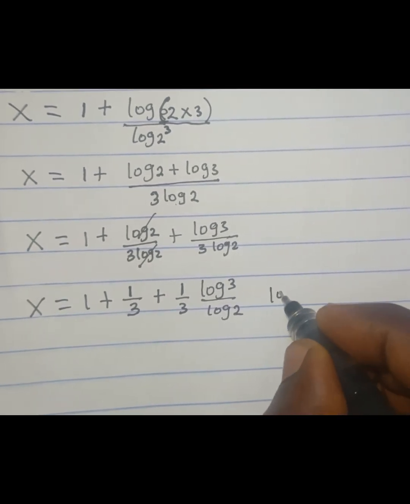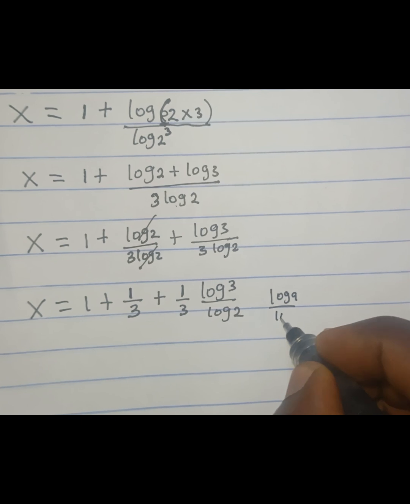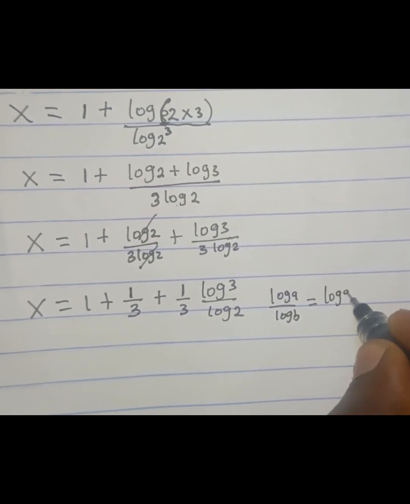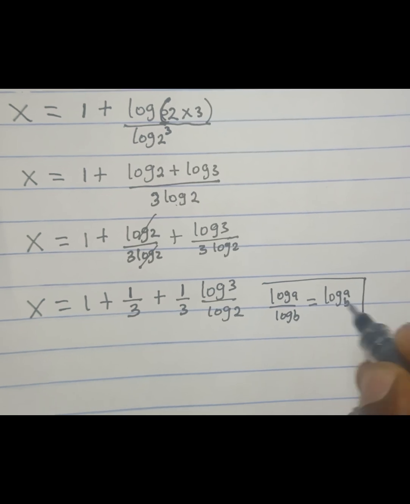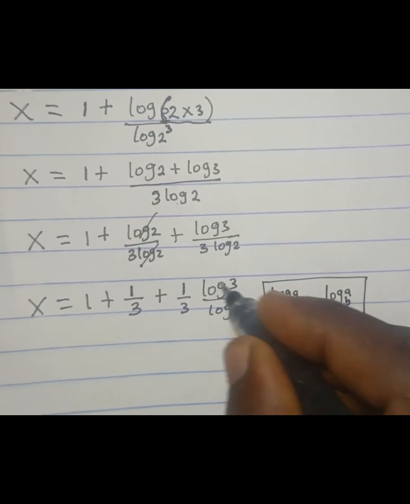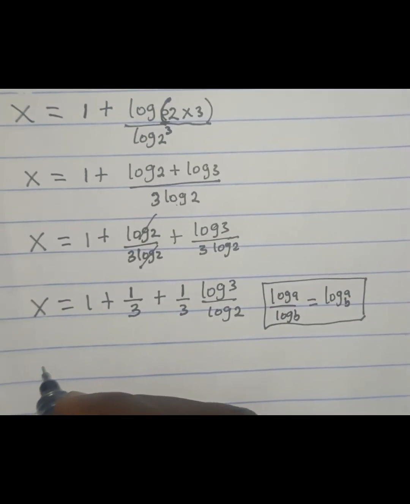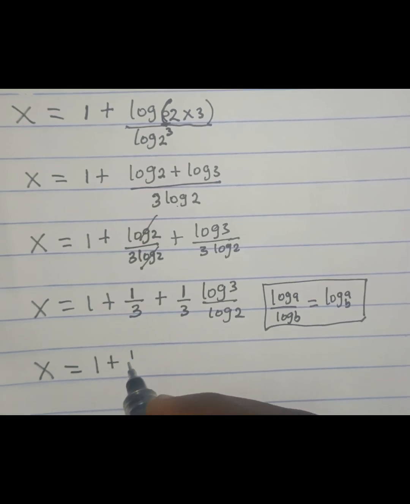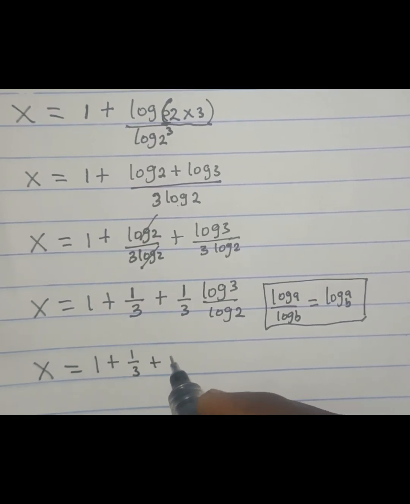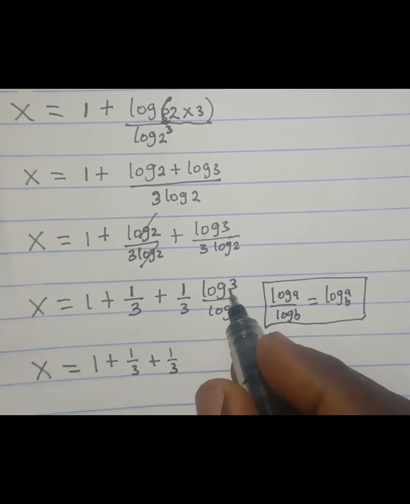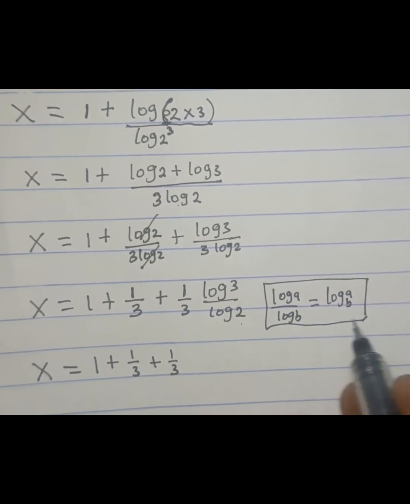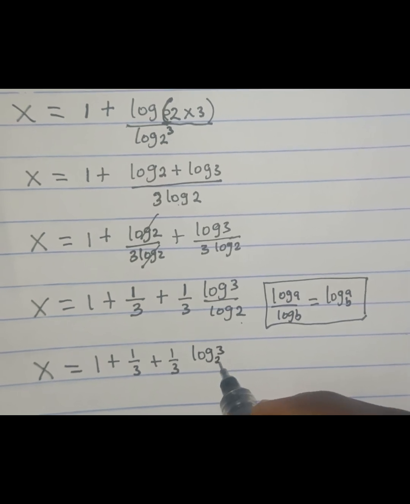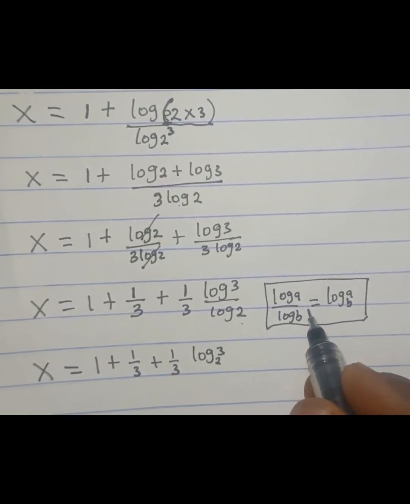When we have log of a all over log of b, to change the base, this is log of a to the base of b. So this is the property we are going to apply here, so that x will be equal to 1 plus 1 over 3, plus 1 over 3 times log 3 over log 2, which in this form is log of 3 to the base of 2.